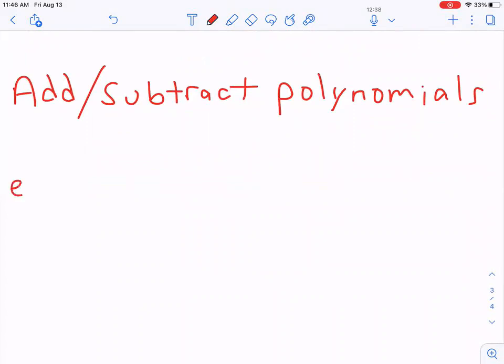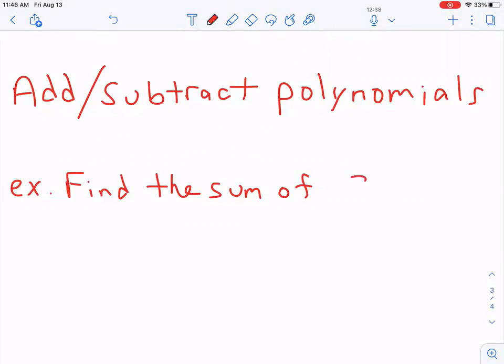Here would be just the difference between the last class and this one. It might say, find the sum of, and I'm going to just make up a couple of terms here.